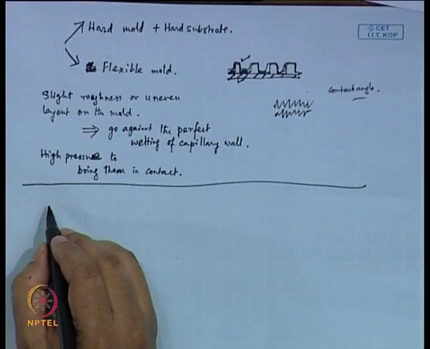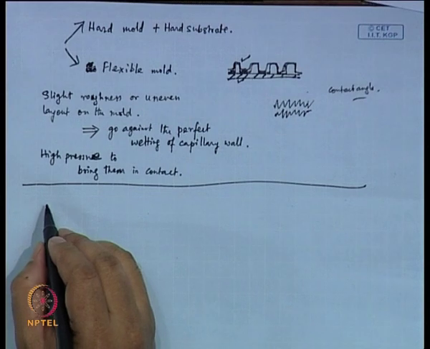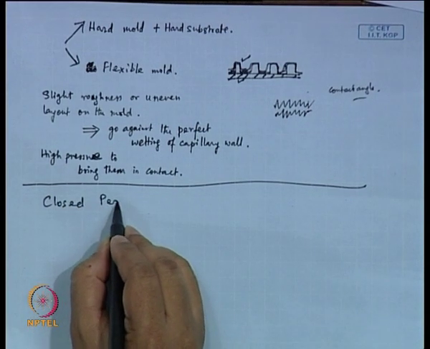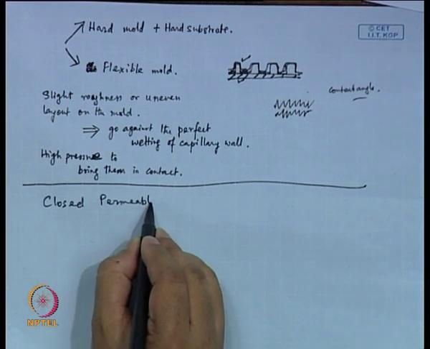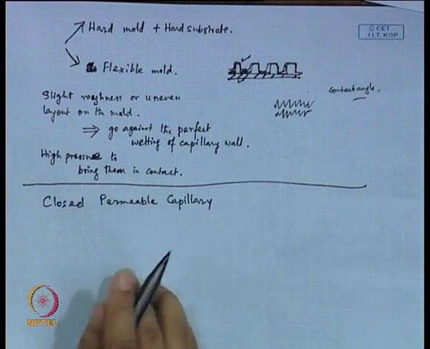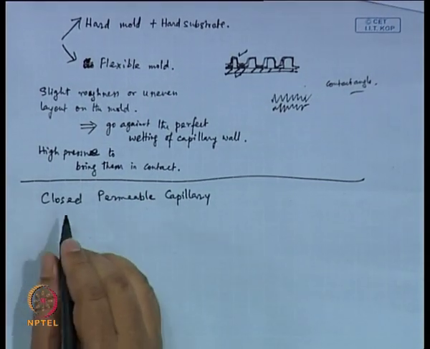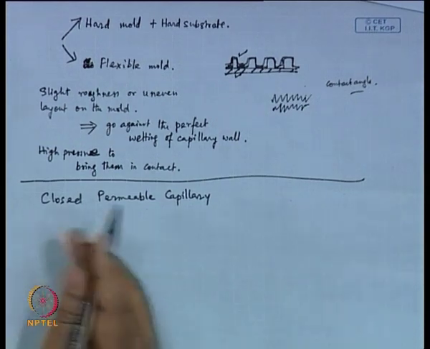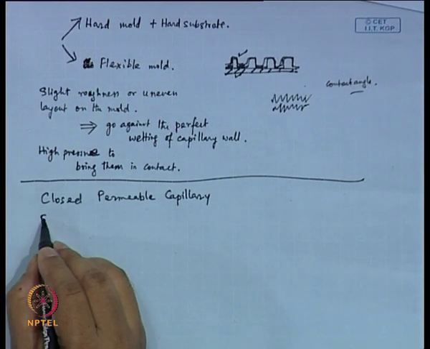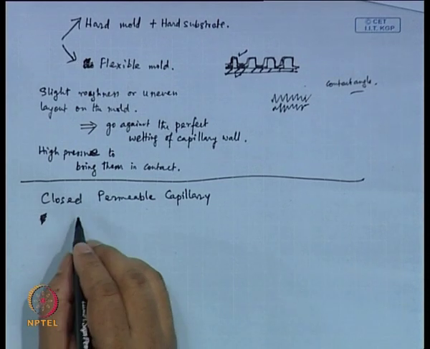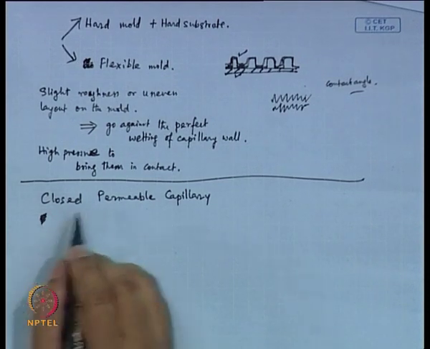So we are talking about closed permeable capillary. This is the third point. Now, closed permeable capillary is first accomplished by solvent assisted molding.